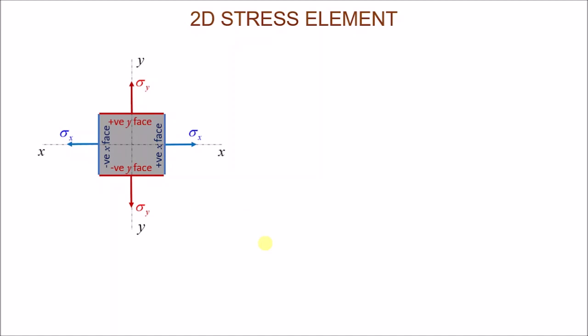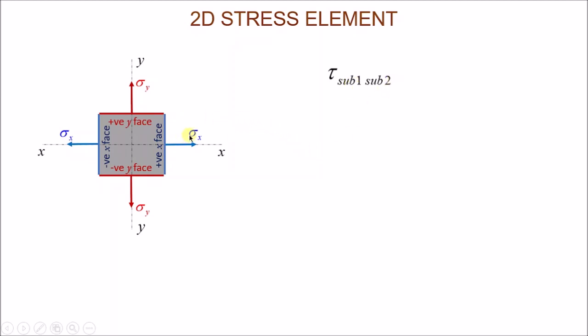Very important. Now, when you have a 2D stress element, generally, it is not only loaded with normal stresses, but you may also have shear stresses acting on the element, okay? And so this is what we are going to look at right now. But before we do that, I need to explain something to you very quickly. So when we have shear stress acting on an element, okay, the shear stress will have two subscripts.